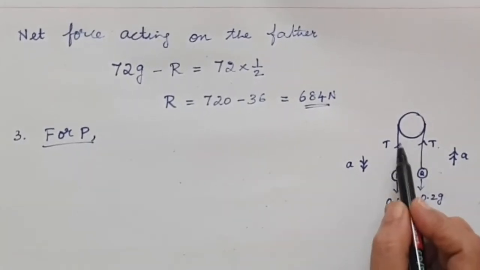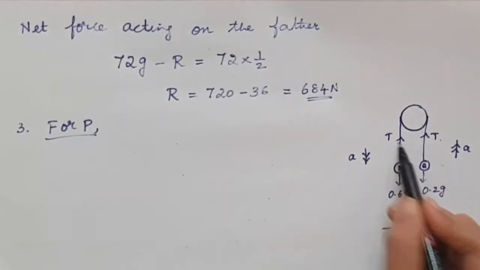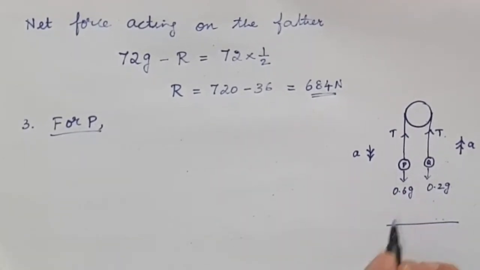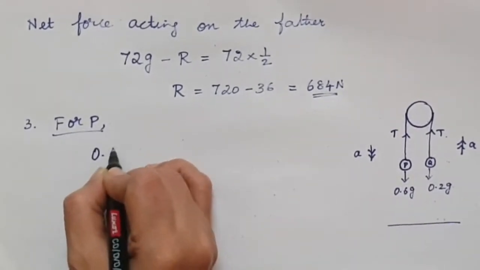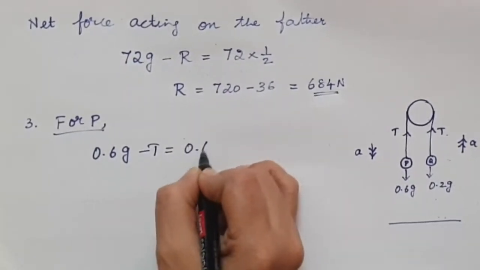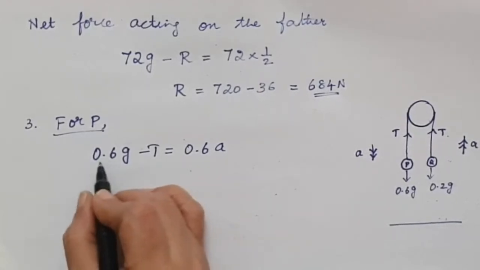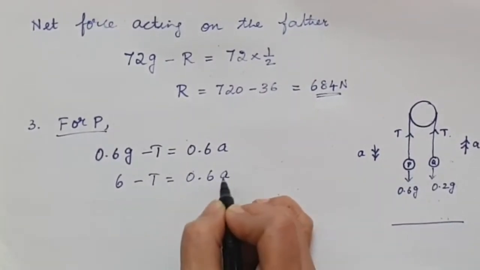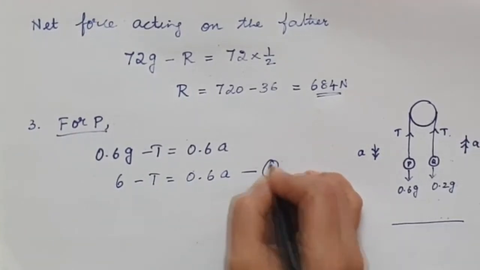Now for P, the forces acting on P are this T and this 0.6g. Downward is the positive direction. So it is 0.6g minus T equal to ma, 0.6a. Here g is 10. So 6 minus T will be equal to 0.6a. This is equation 1.